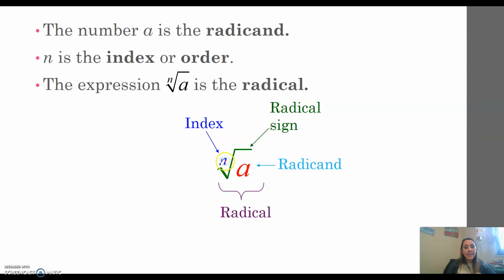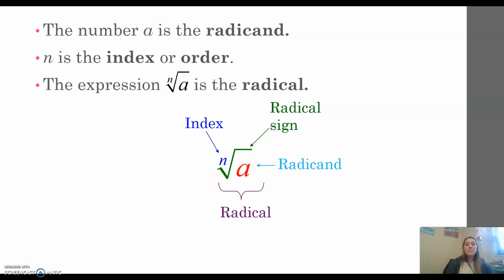The n is the index, or the order. That tells us how many times we need a number to multiply to get to this number. And then the whole expression, the entire thing, is a radical. And then this little root sign right here is called a radical sign.